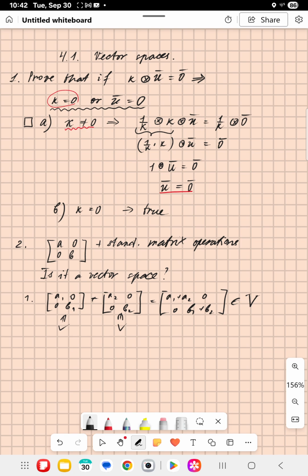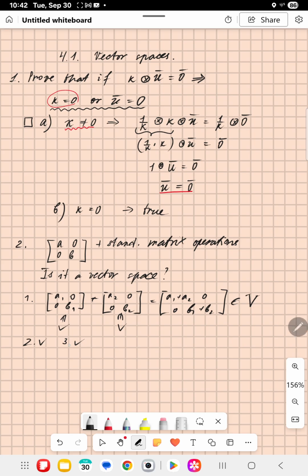Next, do they commute? Well, we see that addition is going to commute. We are not going to check it, let's just put a check mark for number 3, right? The associative law is working. Looks like it's going to work. We remember that for matrices the associative law works. So very good. Do we have a 0 over here?